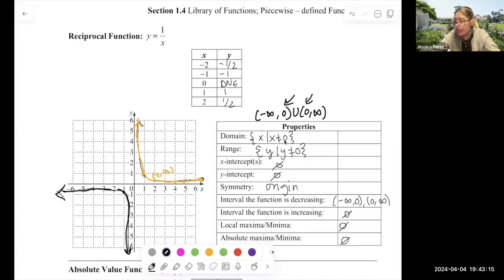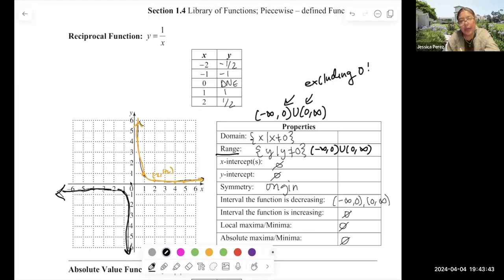I'm excluding the 0. Also the range, notice how you can be everything, but you're never going to be 0. So it's the same. It's from -infinity to 0, union 0 to infinity. So both the domain and the range are the same for the reciprocal function.